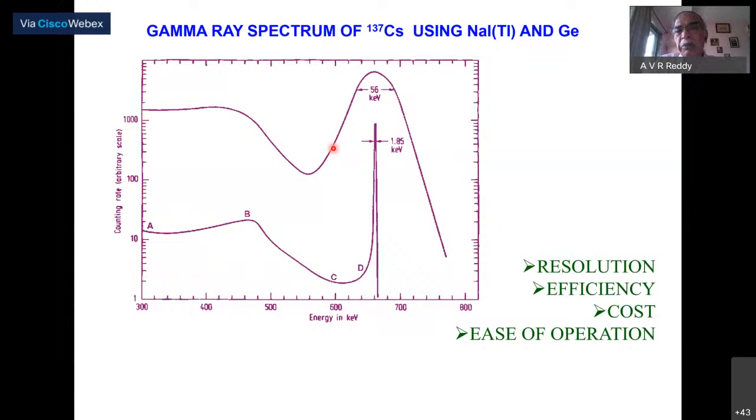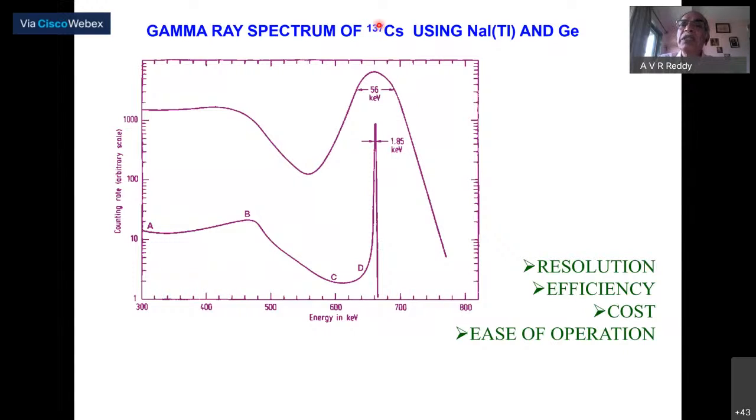Here there is a comparison between a spectrum obtained by a sodium iodide thallium detector and a germanium detector. And the source is 137 cesium. I mentioned it in the radioactivity lectures, in the alpha decay, beta decay.